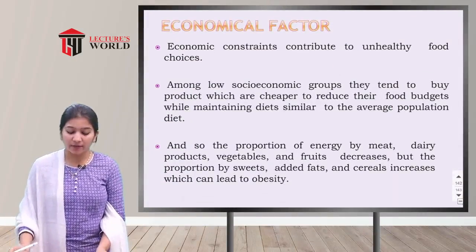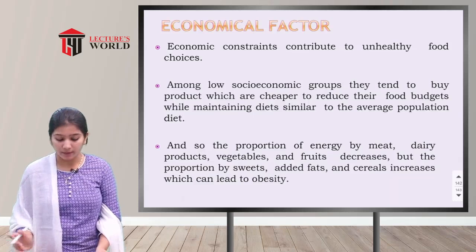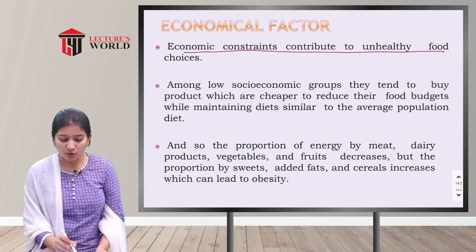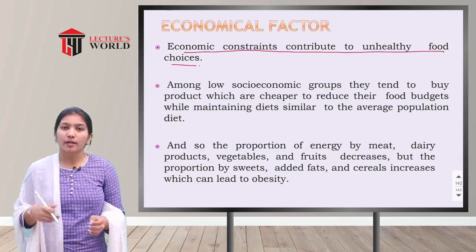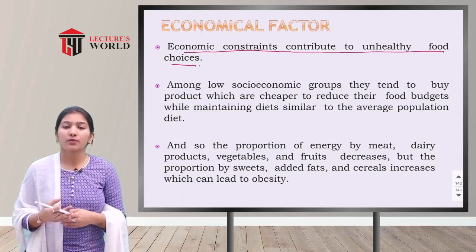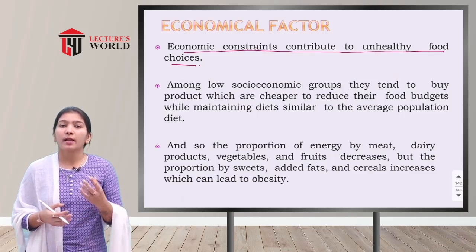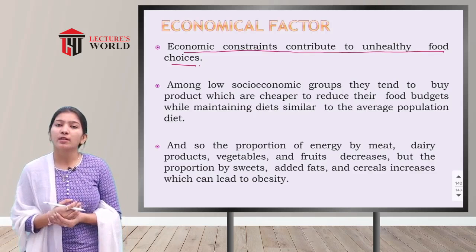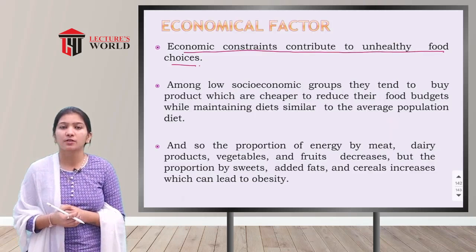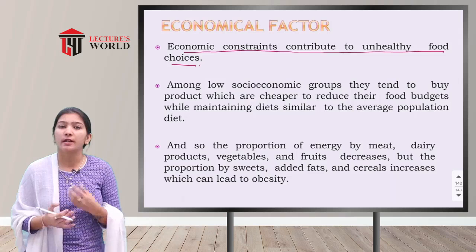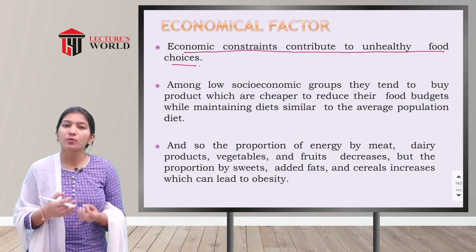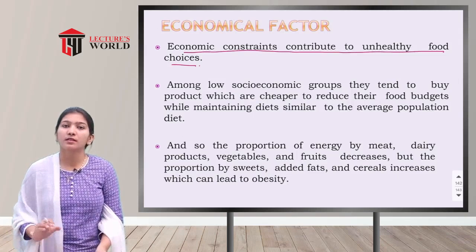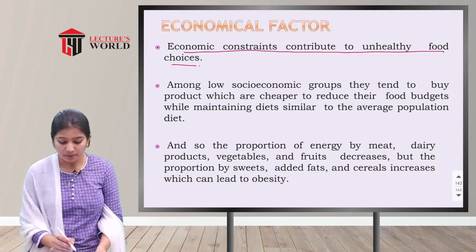The last factor is the economic factor. Economic constraints contribute to unhealthy food choices. If you are economically well off, if you are a rich person, you will purchase good nutritious food. But people with poor socio-economic status are not able to purchase healthy food, so because of poor economic status, they have chances of disturbed appetite.